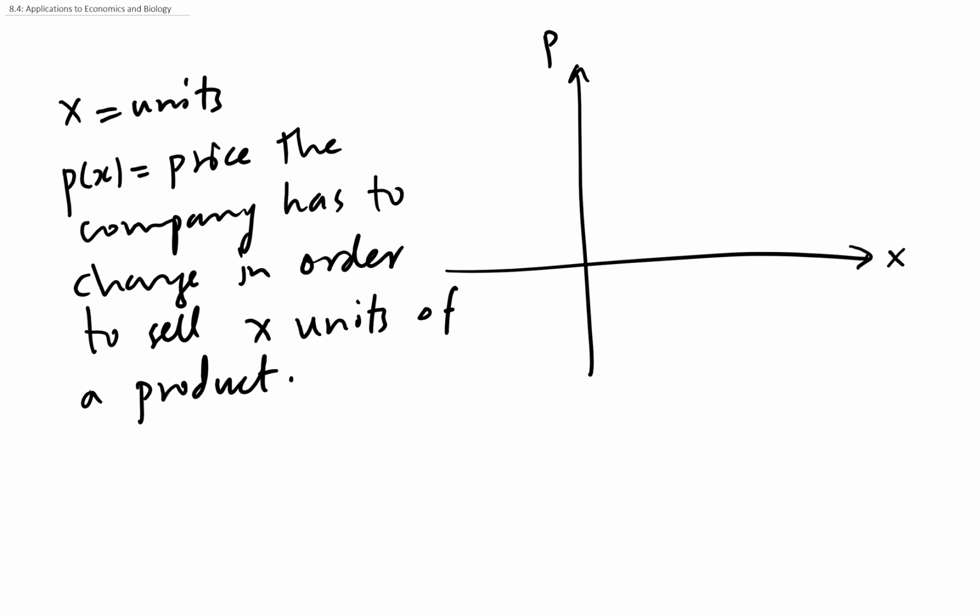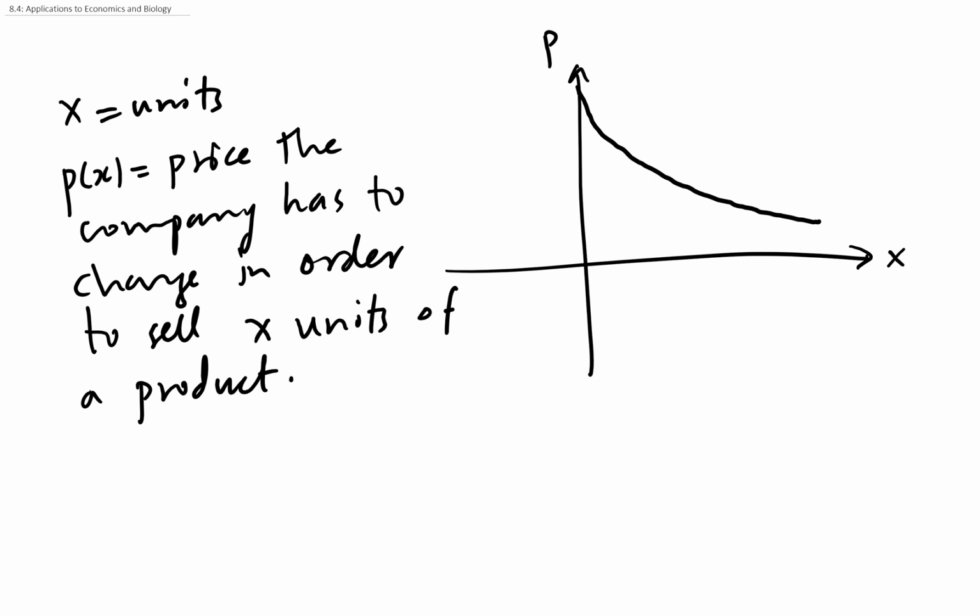And what happens is the more you buy, the less the demand. So the more units you buy, the less demand. That tells us that we have what we call the demand function, as represented by this curve.